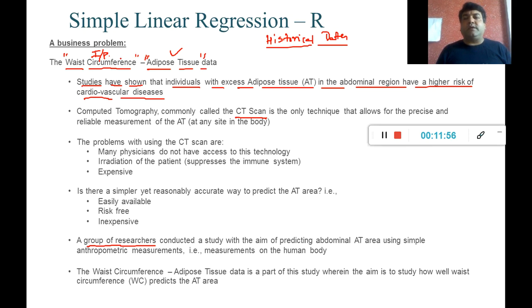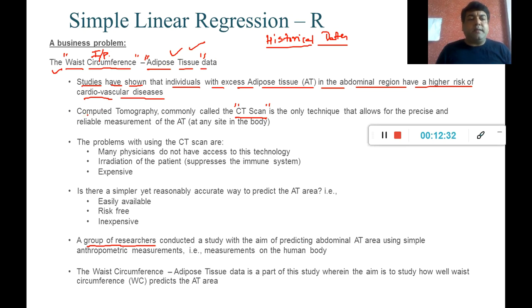So if they measure the waist circumference of a person, and do the CT scan of that same person and record all those readings, waist circumference and adipose tissue found from the CT scan, okay, if they have these details about a few people, can they find a technique wherein only by measuring the waist circumference we are able to predict the adipose tissue, right?